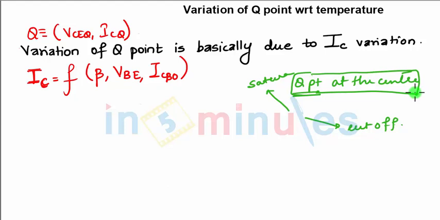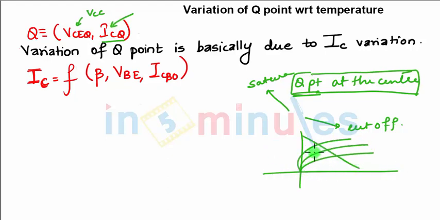Right now, first we'll see how the Q point varies with the temperature. VCEQ depends basically on VCC, so the variation of VCEQ with temperature is less as compared to ICQ. So first we'll look at the changes in ICQ because of temperature. As you know, this is your DC load line.